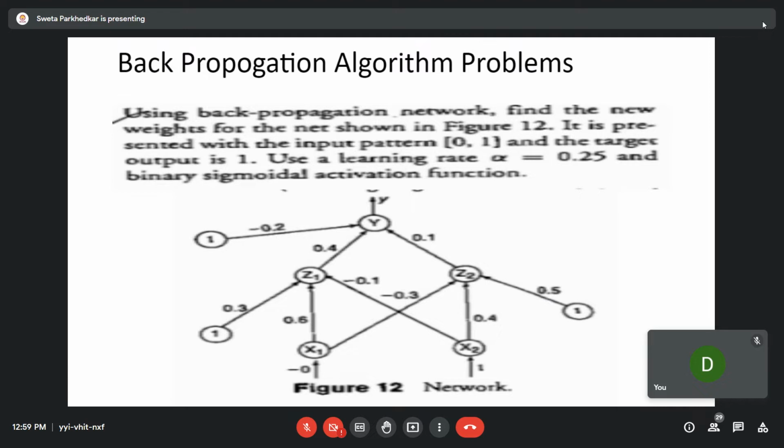Are you getting? Hello? Are you getting the initial weight that is presented to Z1 and Z2?